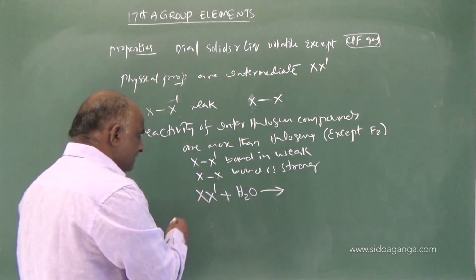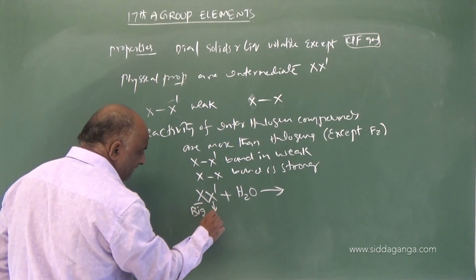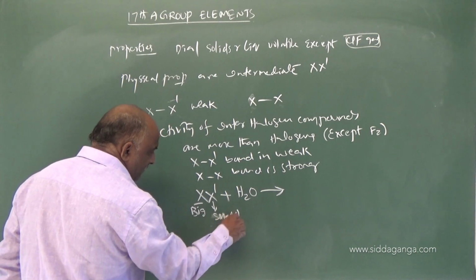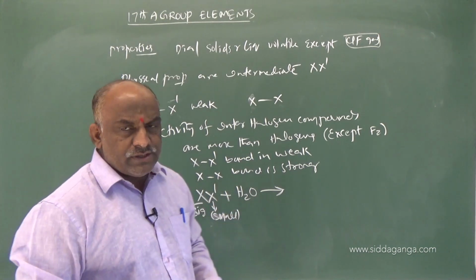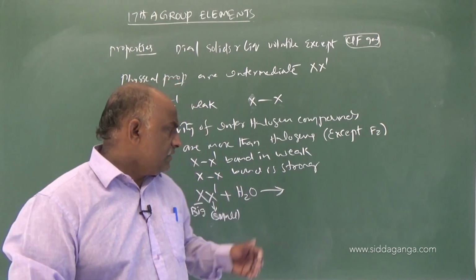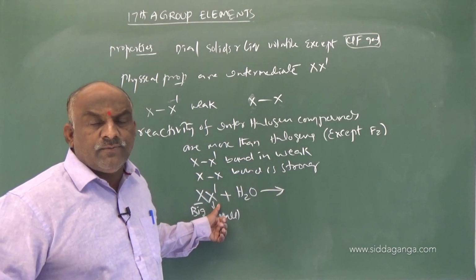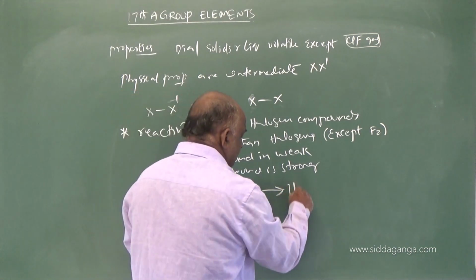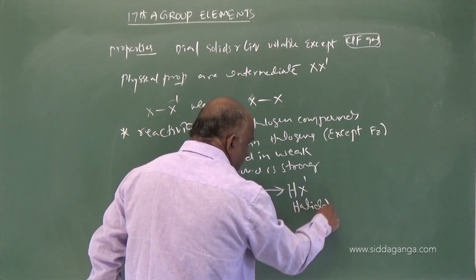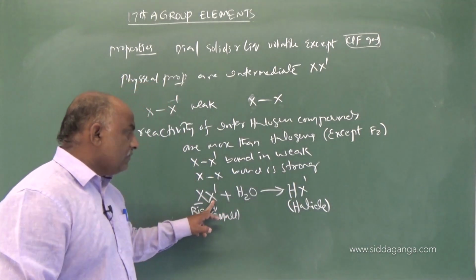Here X is big, X dash is small. So while coming to this hydrolysis, what will be the product? How to find the product: the smaller halogen atom forms HX halide. Smaller halogen atom forms which compound? Halide.